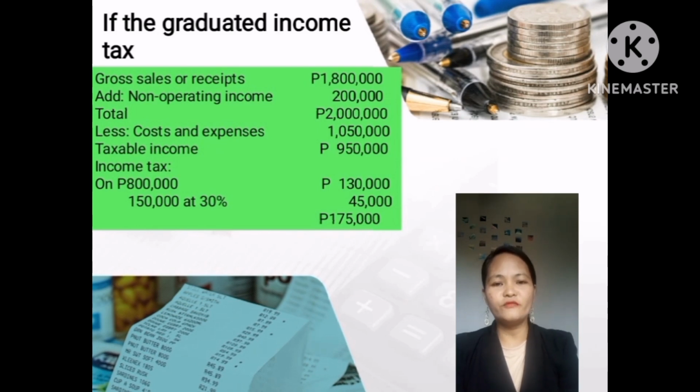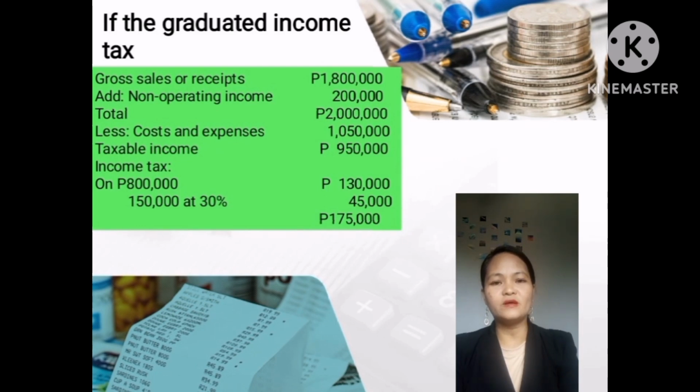So, yung 950,000, pasok ito sa bracket na above 800,000 to 2 million. Ang magiging tax nito ay 130,000 pesos plus 30%. Then, yung 950,000 pesos, alisin natin yung 800,000. Ang magiging sagot dito ay 150,000 pesos.